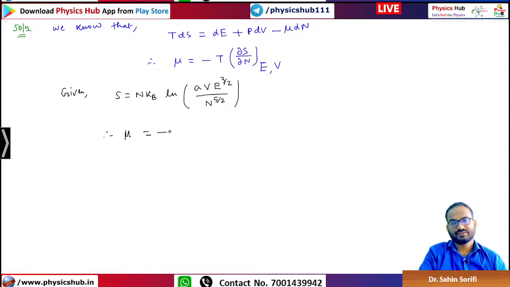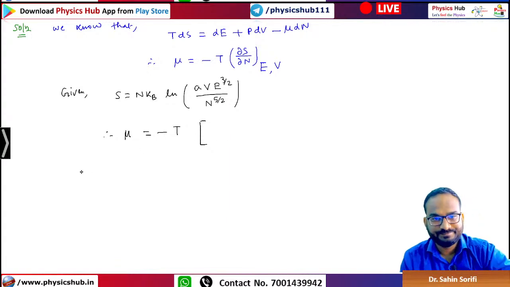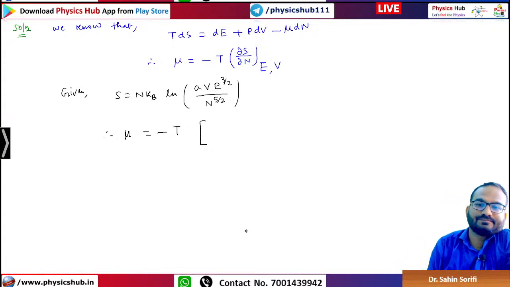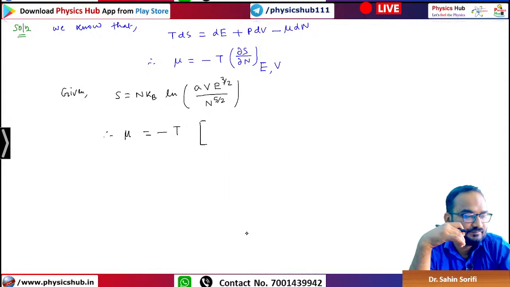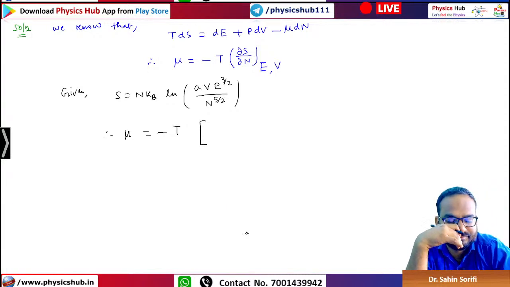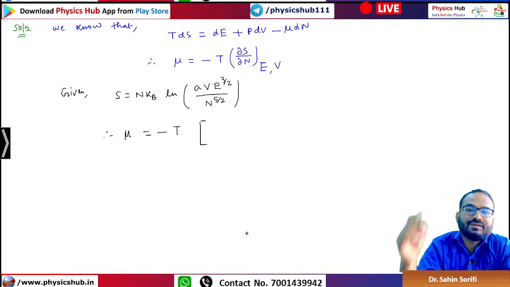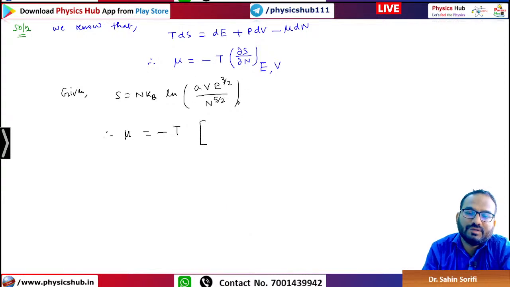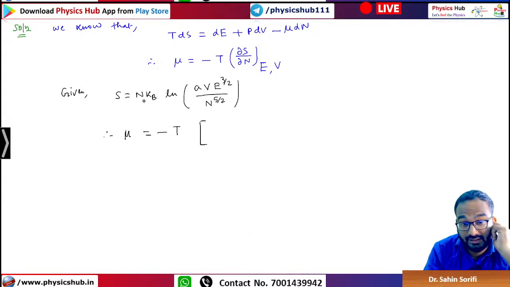Mu is equal to, let's keep minus T outside, del S by del N. So what will you get? The problem is N is there inside the argument of the logarithm and N is also there outside.